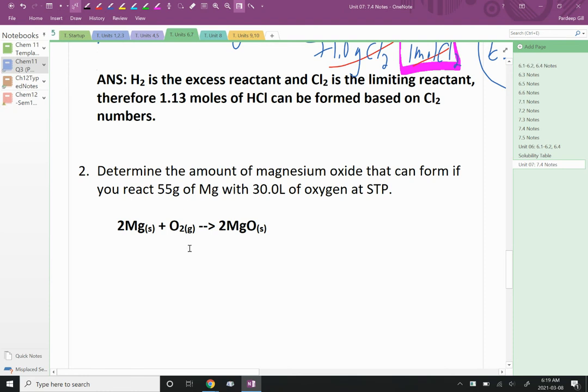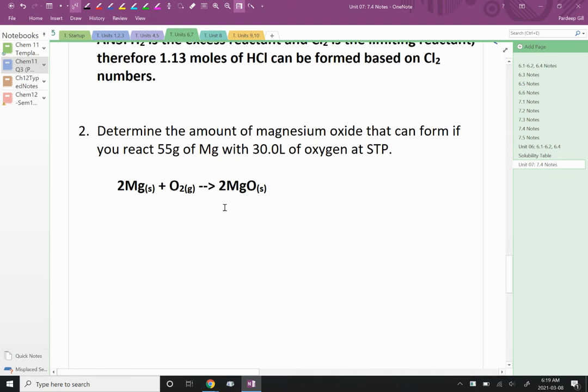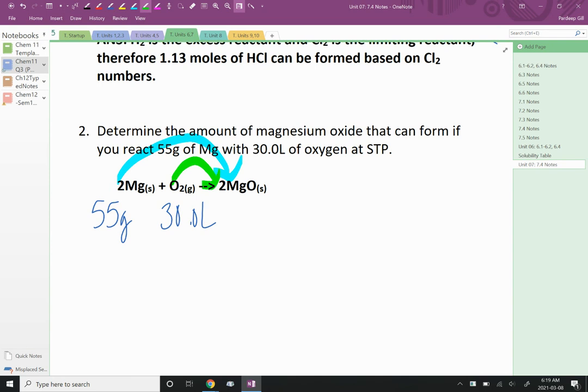Determine the amount of magnesium oxide that can form if you react 55 grams of magnesium with 30 liters of oxygen at STP. I'm trying to connect this mole bridge, and then this mole bridge.